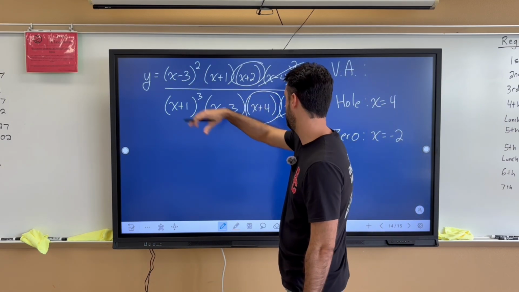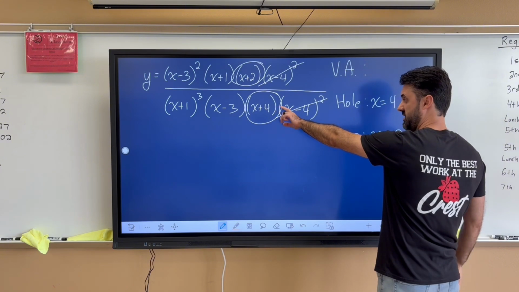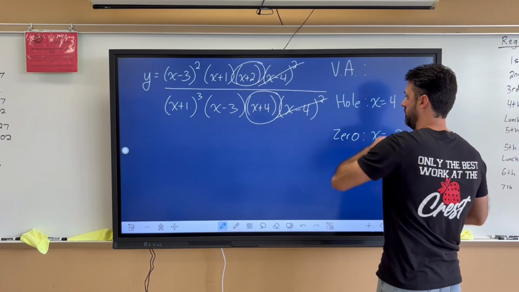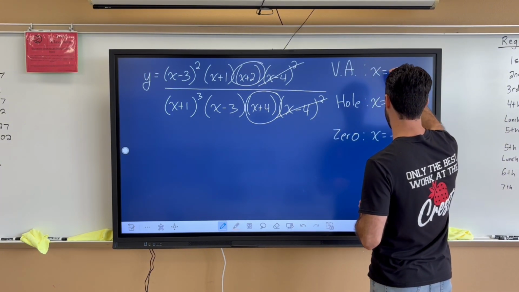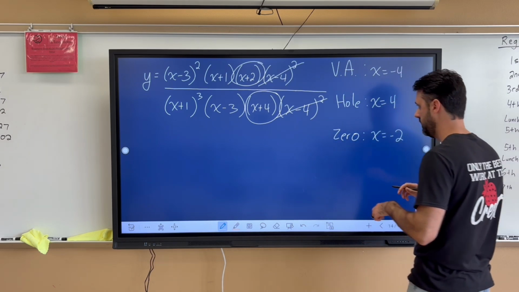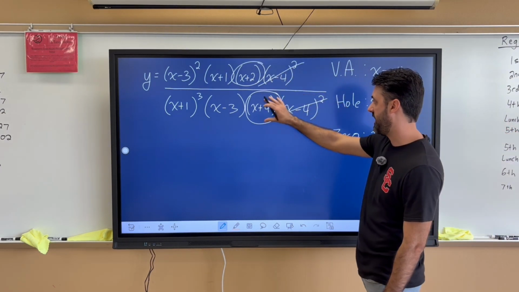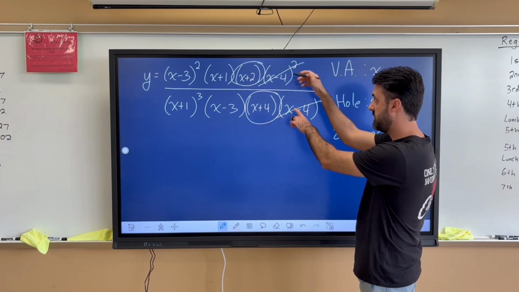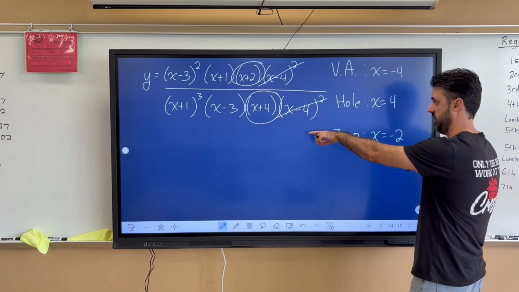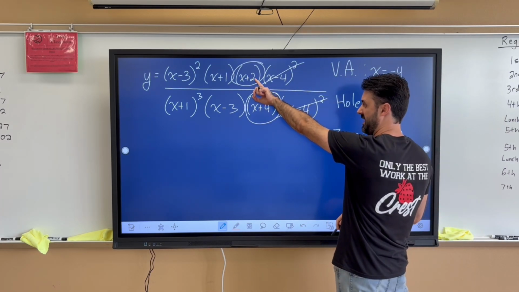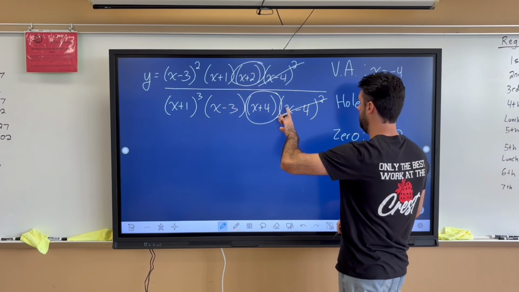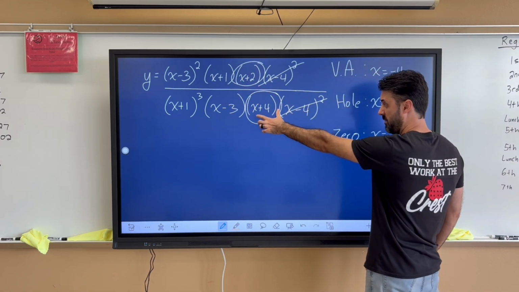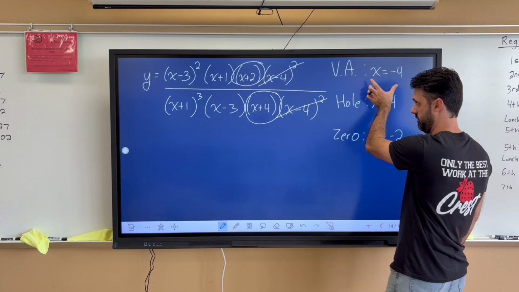There's no x plus 4s up here. So if we set the denominator equal to 0, that gives us the vertical asymptote at x equals -4. Now, I started with these factors because this is nothing new. If something completely cancels, it's a hole. If something is in the numerator and doesn't cancel at all, then it's a 0. And if something's in the denominator and doesn't cancel, it's a vertical asymptote.